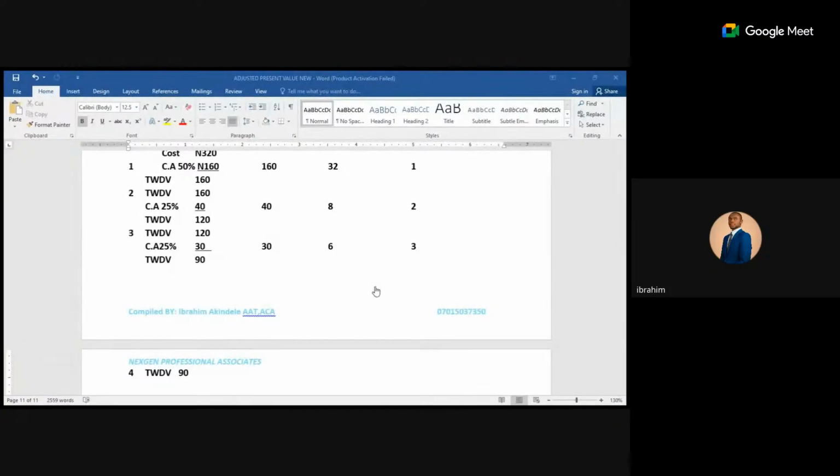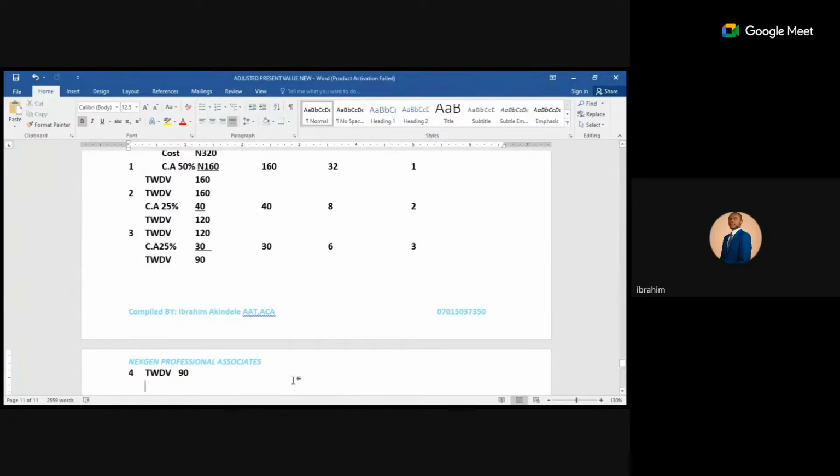You can only enjoy capital allowance if you have what we call balancing allowance.